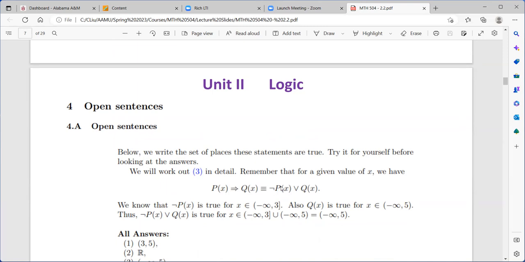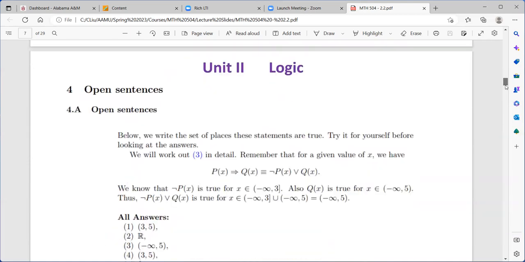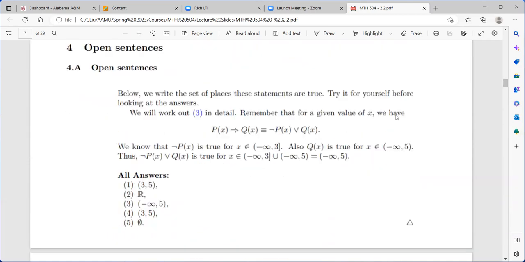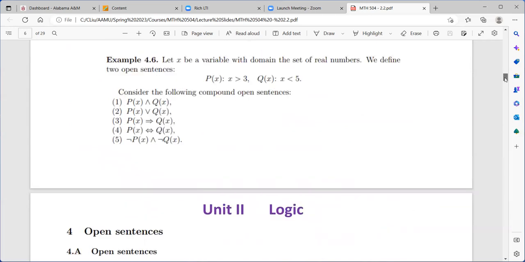So negation of it will be x greater than or equal to 5, right? Yes, greater than or equal to 5, and Q is true when x is greater than 3.